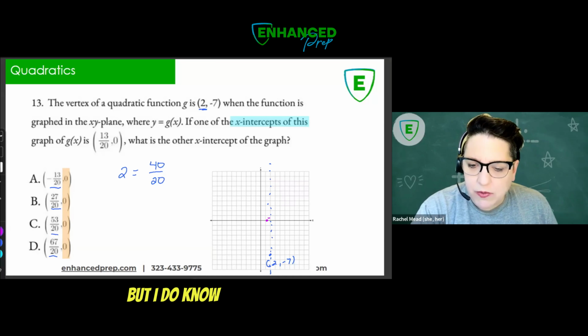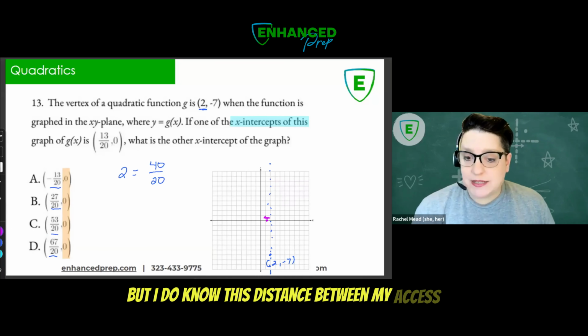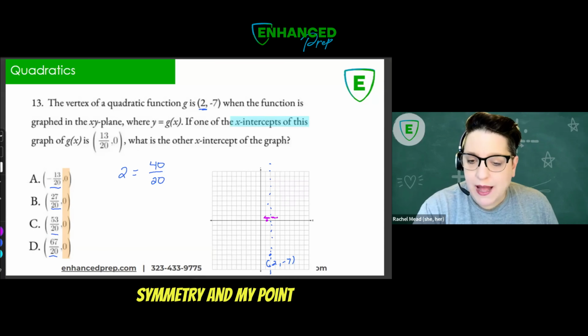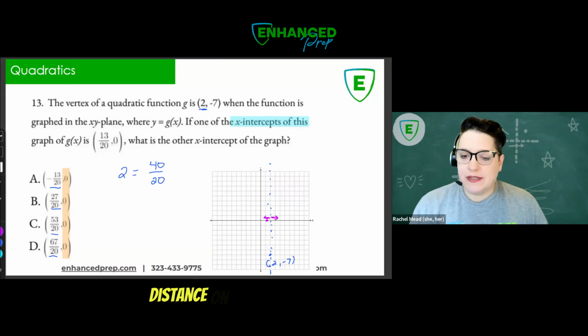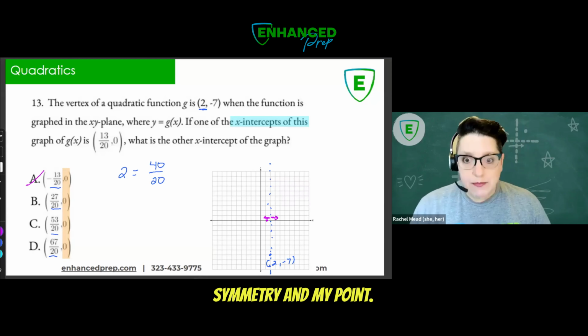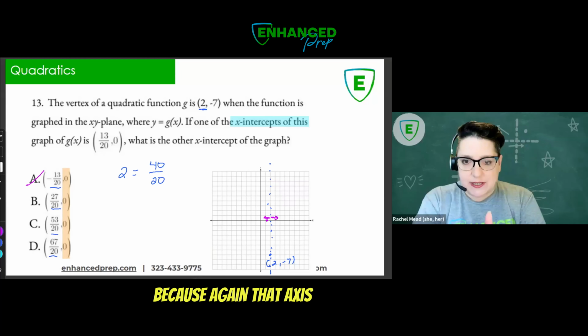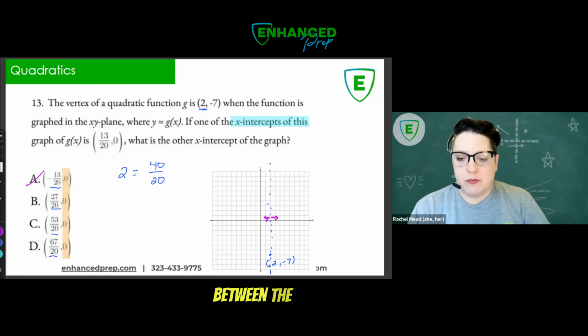But I do know this distance between my axis of symmetry and my point has to be equal to this distance on this side between my axis of symmetry and my point. I'm going to quickly eliminate answer choice A because that axis of symmetry is in between the 2 points.